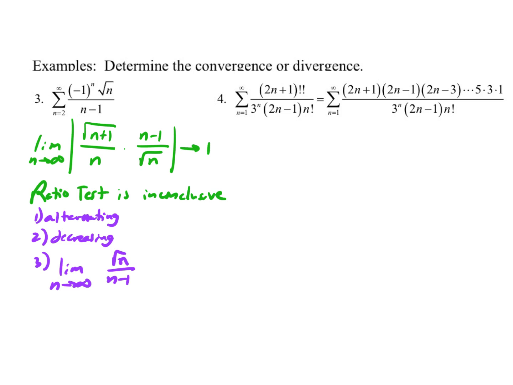Now, that being said, I think this is good evidence to try it. Again, we've got powers. We've got radicals. It's kind of funky. Again, the limit of this we just decided was 0. So that's good. It meets all 3 criteria for the alternating series test, which means, does it converge or diverge? It converges. It converges by the alternating series test.